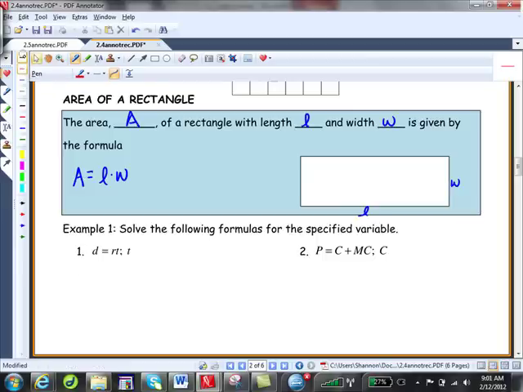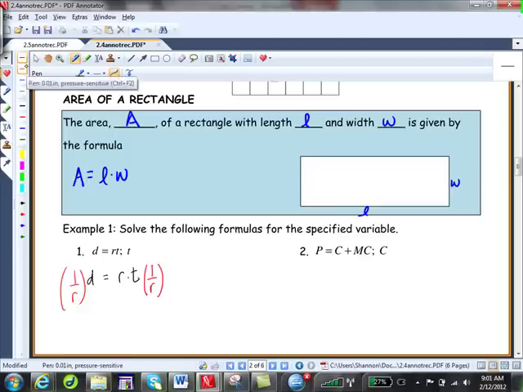I'm going to rewrite the problem so I have room to work. So d is equal to r times t. We want to get t all by itself. So if we were to multiply both sides by 1 over r, then the r's would divide out, and we would have distance over rate is equal to time.